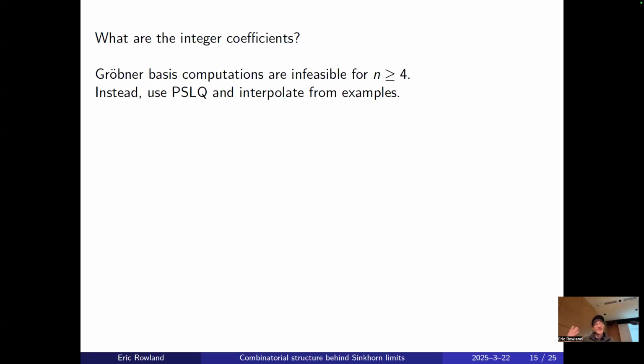Right, so you take a 4x4 matrix with integer entries, you scale it iteratively till you get a fixed point, look at the top left entry, use PSLQ to try to identify what polynomial it satisfies, and then you do that for a bunch of matrices, and then you can start interpolating each coefficient as a function of the matrix entries.